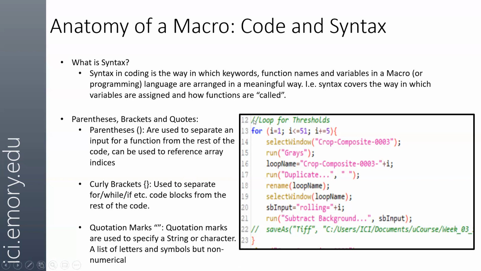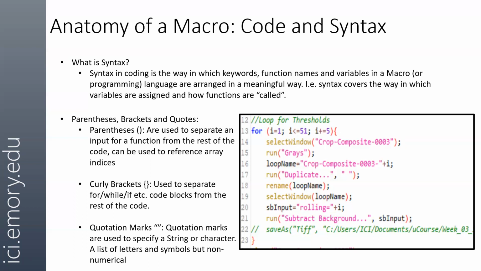Curly brackets, like you can see in lines 13 to 23, designate a piece of code as a subunit of code that is performed together. Everything that happens in between those curly brackets will always happen together. It can't be split up.